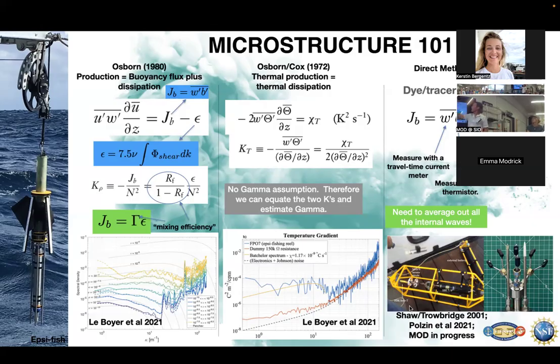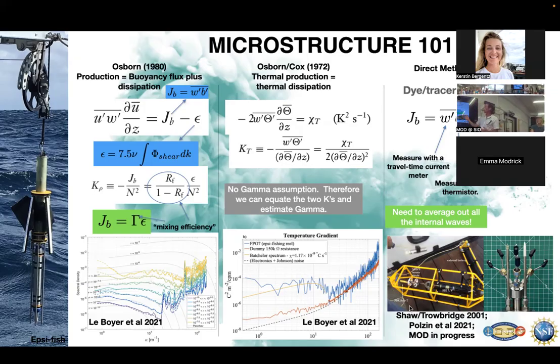Okay, then Osborne-Cox is even older. This was actually done before they could even measure shear with airfoils, and we'll get to that in a minute. Osborne-Cox says also throw out a bunch of terms and assume steady state. In that case, the production of temperature variance is going to be equal to the dissipation of temperature variance, and that's what you're measuring with these tiny little thermistors.